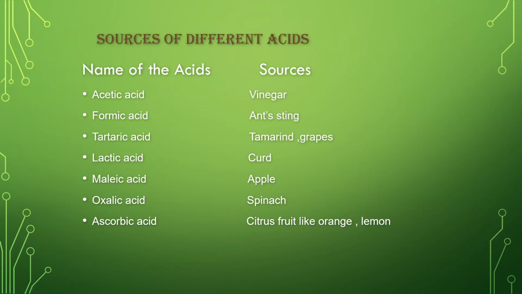Now, sources of different acids. These are the different names of the different organic acids, all given here: acetic acid, formic acid, tartaric acid, lactic acid, malic acid, oxalic acid and ascorbic acid. Now, acetic acid is obtained from vinegar.